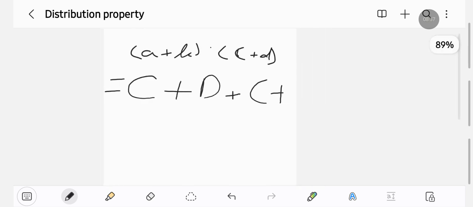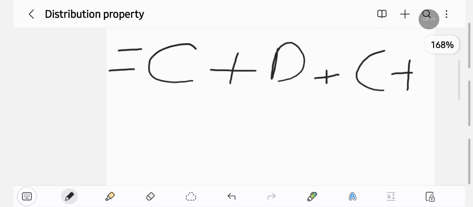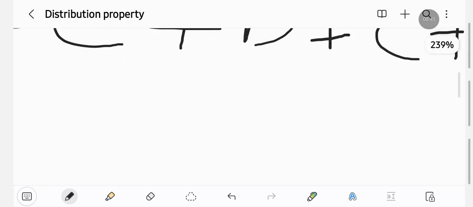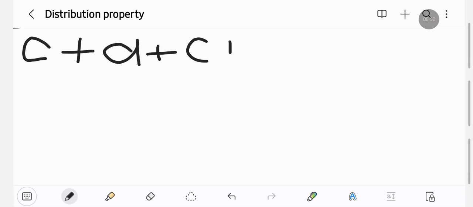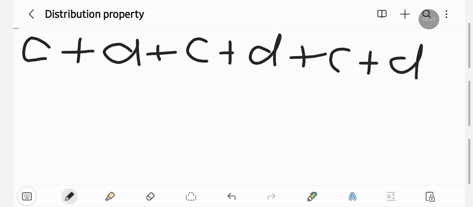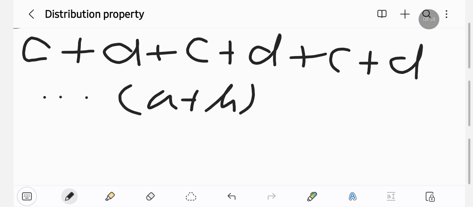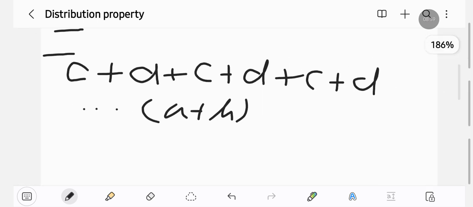Man, this thing is so small. Okay, let me make it a little bit bigger, and now we can write c plus d plus c plus d plus c plus d, and dot dot dot, a plus b times. If the number a plus b was 3, then c plus d was added 3 times.